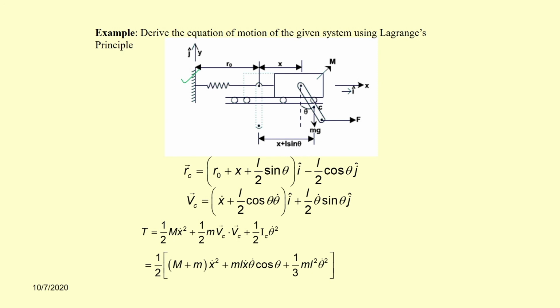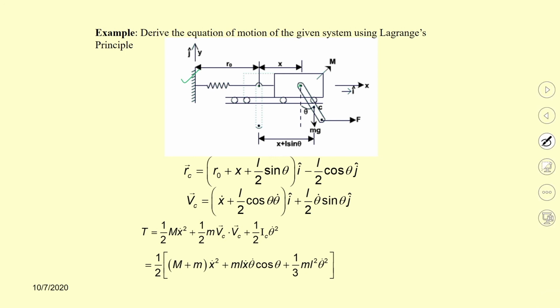For example, in this case, let us assume that the mass, this cart, has moved by an amount x. Initially the center of this point was here, at a distance r0, and it has a displacement of x. When it is moving by an amount x, the bar hanging from this position has rotated by an amount theta.